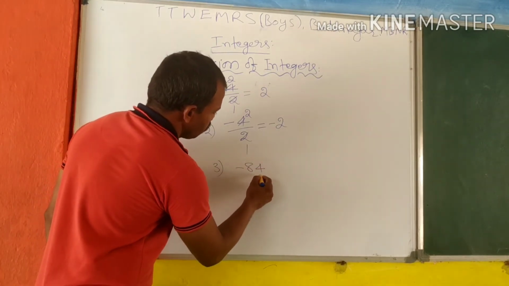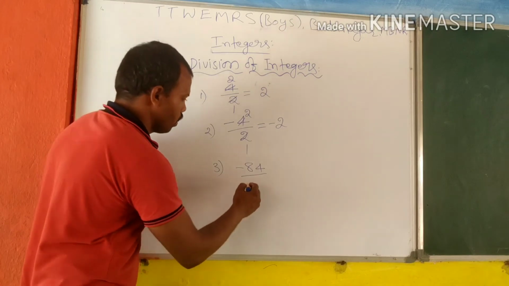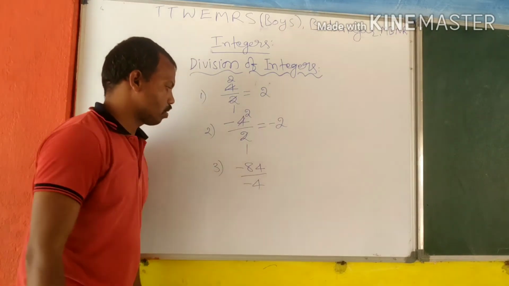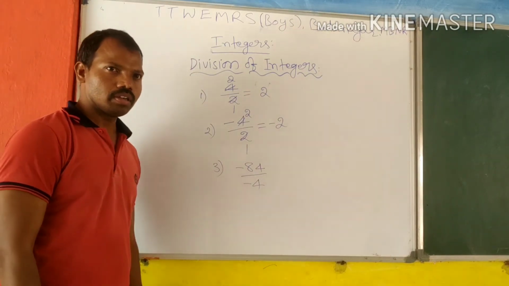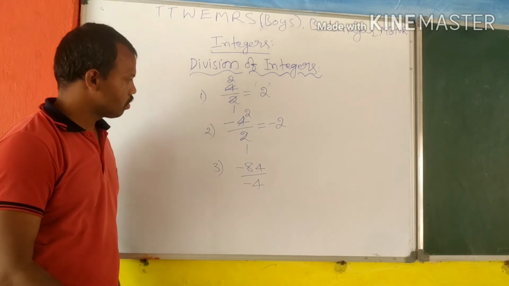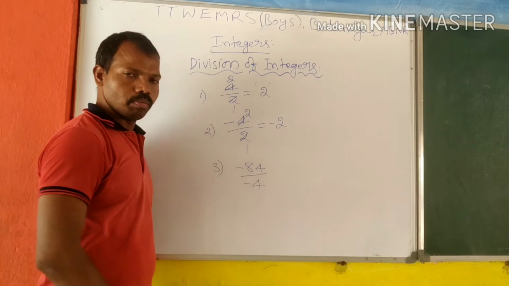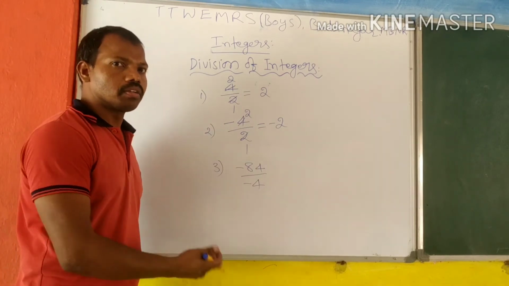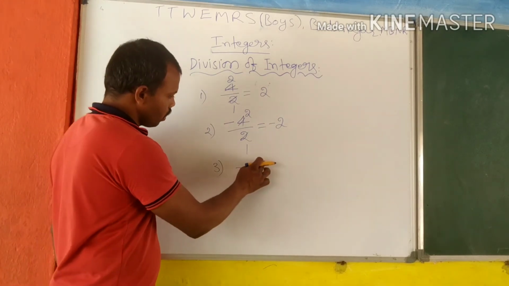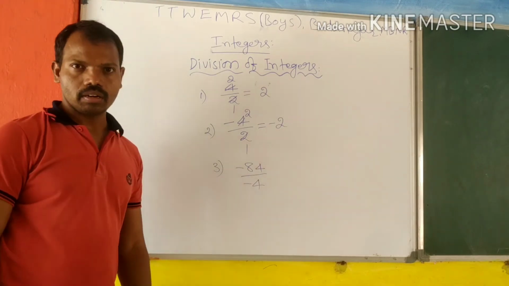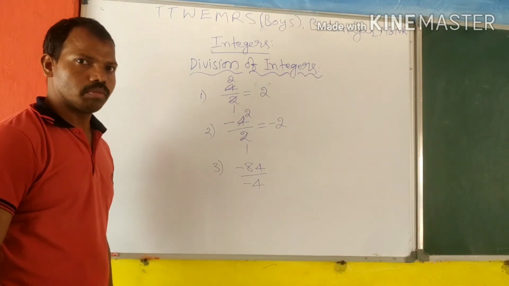Minus 84 is divided by minus 4. The numerator and the denominator both contain the negative symbol.